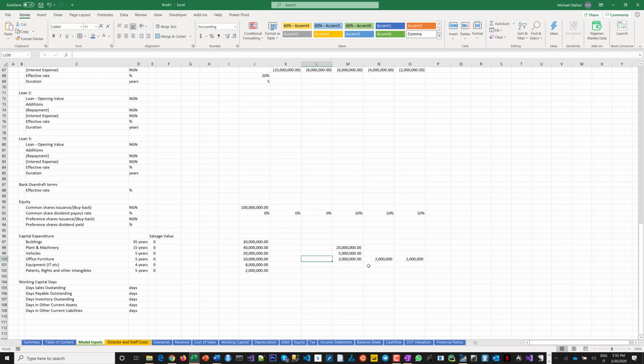For IT equipment, say they need to do some buying. Otherwise, they're just going to spend 1 million naira, and then some years they will have to spend a lot more.